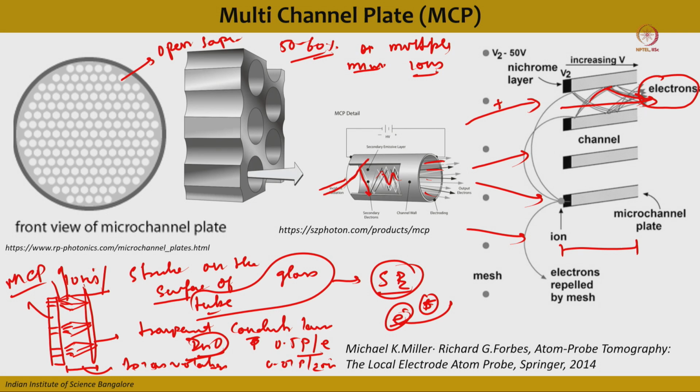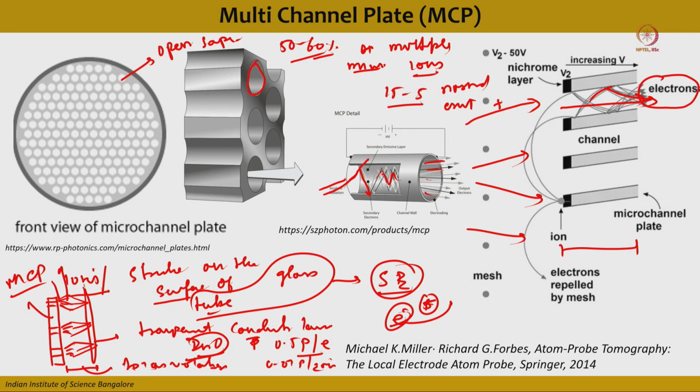Remember, I told you that these channels are oriented at around 5 to 15 degrees with respect to the normal axis. Imagine that the channel plates are aligned exactly along the normal axis. Then the tendency of the ions to strike the glass surface of the glass tube will be very minimal.